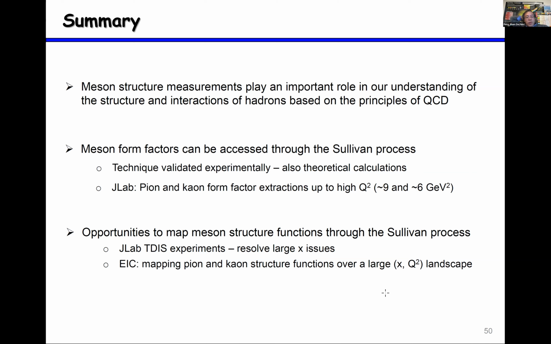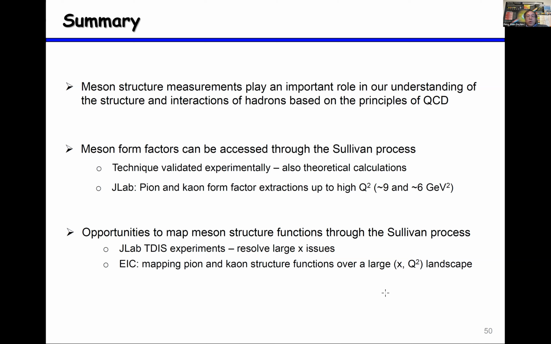So I have a question. I think it's very interesting that the Jefferson Lab measurement can really help to pin down the large-x parton distribution for the pion. My question is that you really do need precision for that measurement. And we know that for the Sullivan process, there are certain things you have to take into account. You mentioned the higher order corrections and the resummation effects and so on.